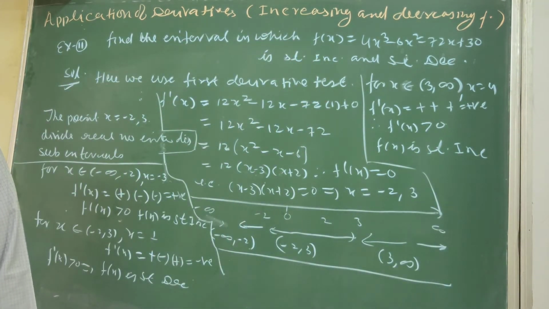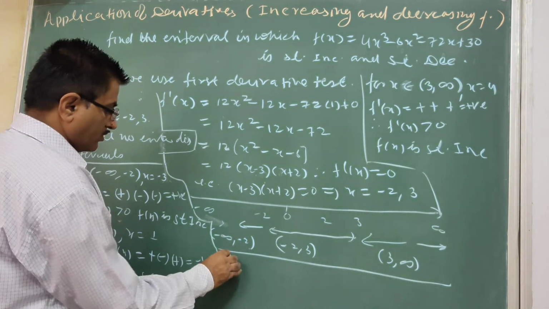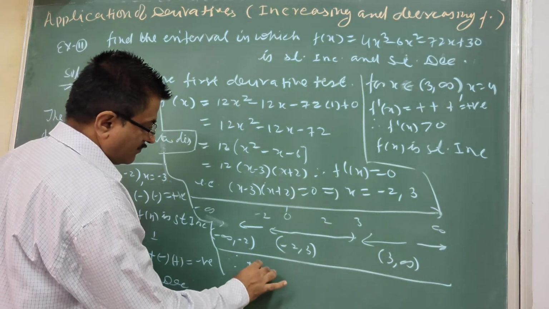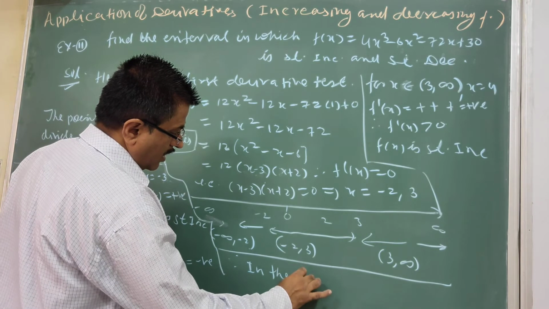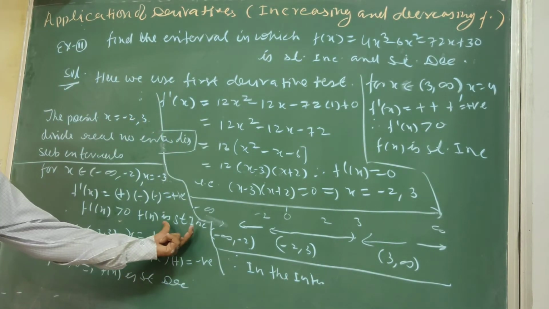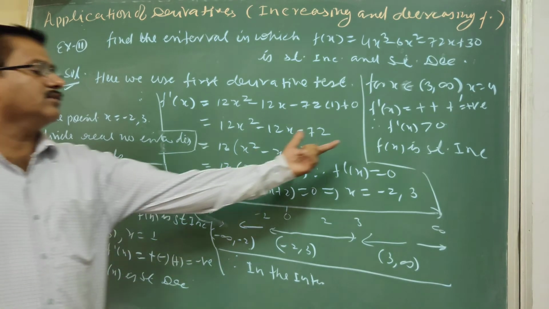So overall what we see, for the given function, you can write therefore, and finally you write the answer in the interval. There are two intervals where the function is increasing, the first interval and the third.